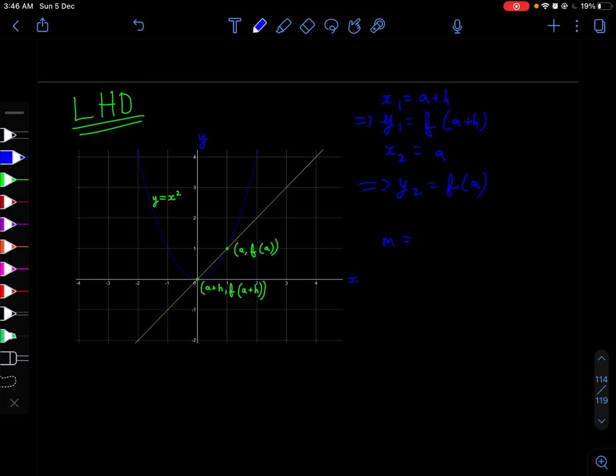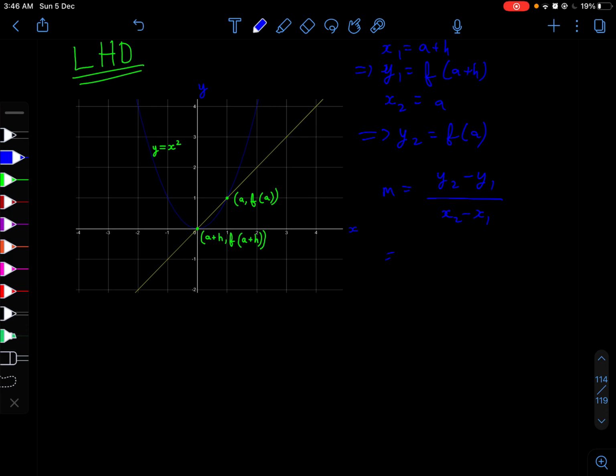Now if we use the formula as m equals y2 minus y1 divided by x2 minus x1, and we substitute into this formula, we would get f of a minus f of a plus h divided by a minus a plus h.